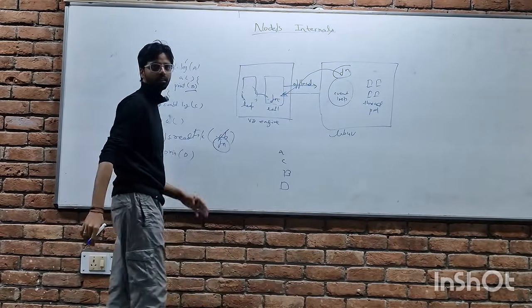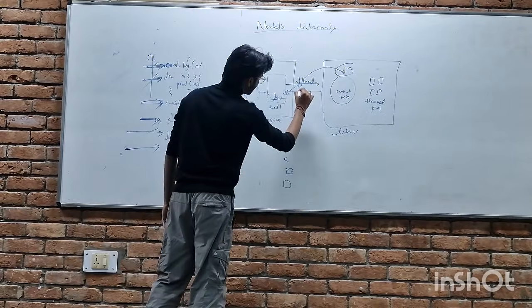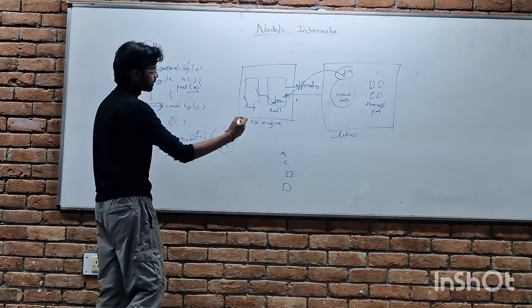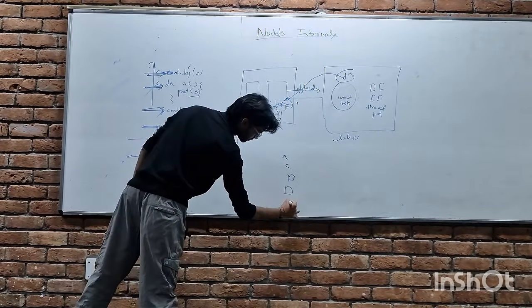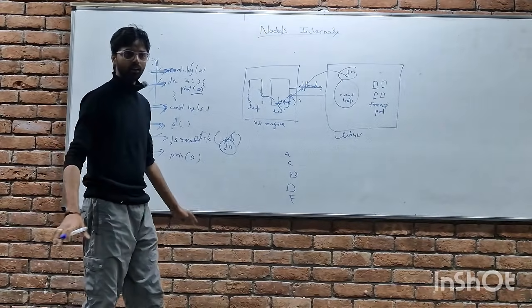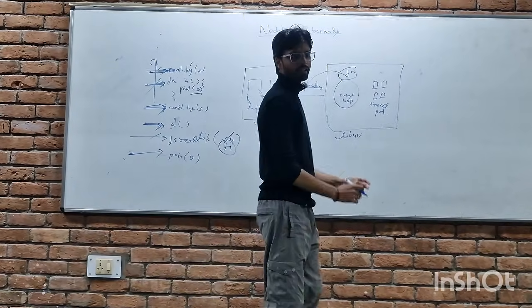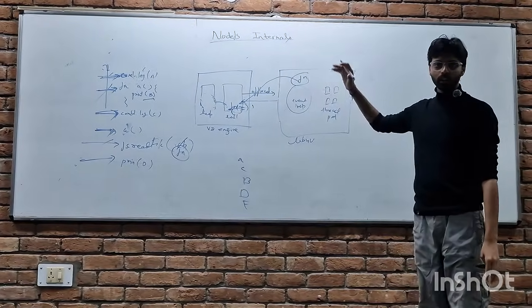This function will come again in the call stack, and then it will execute. Whatever will be there, suppose it is printing F, so it will print F here, and then the program will stop. So this was the idea of how Node.js works from the upper level.